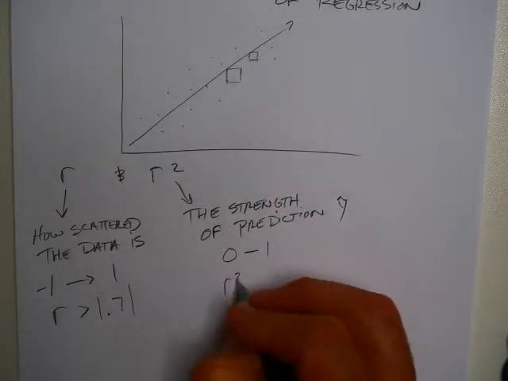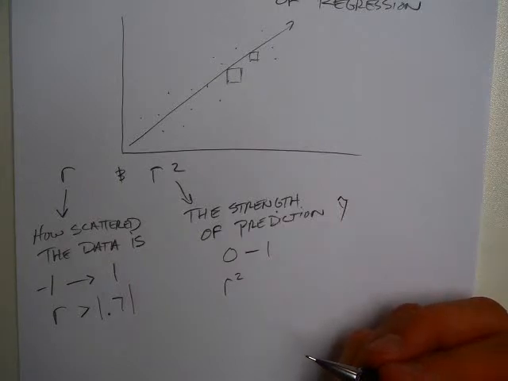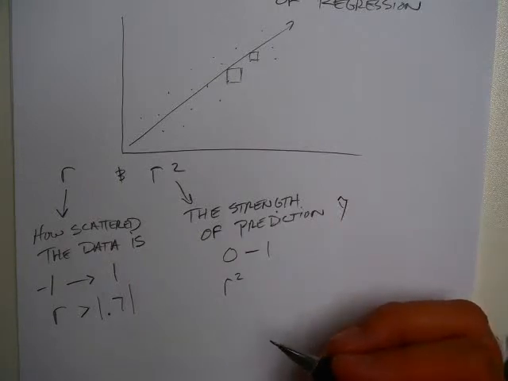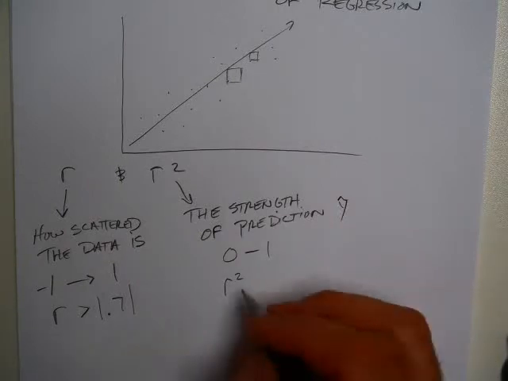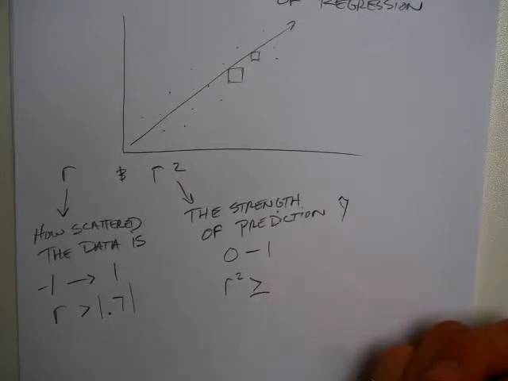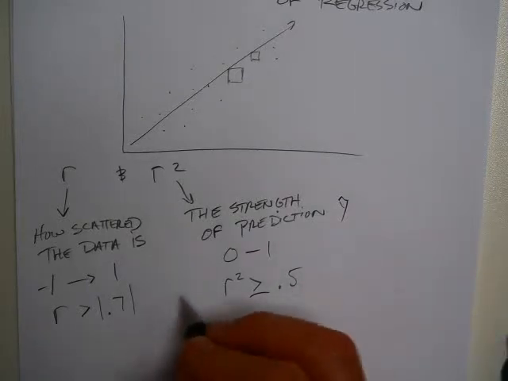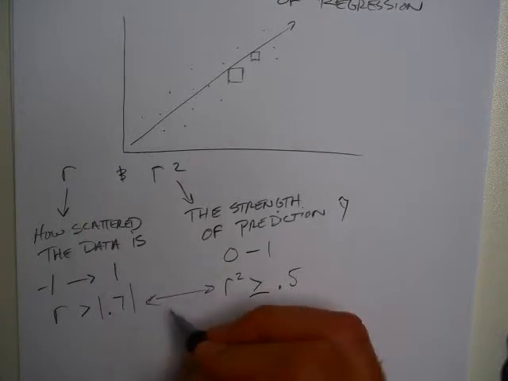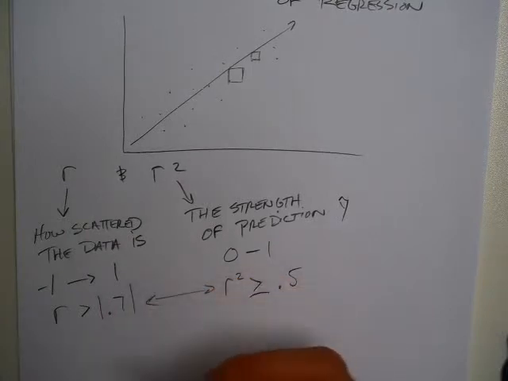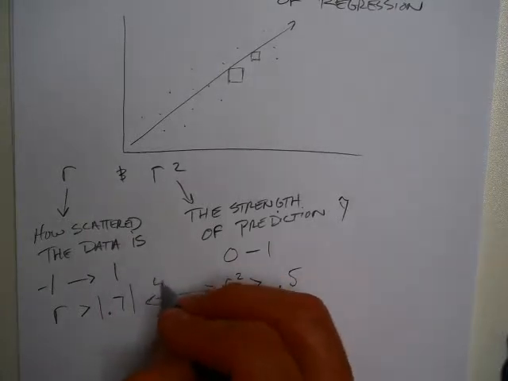R squared has to be greater than or equal to, anybody remember? 0.5, yeah, good, 0.5. So if these are true, then we say that there's evidence of it being linear.